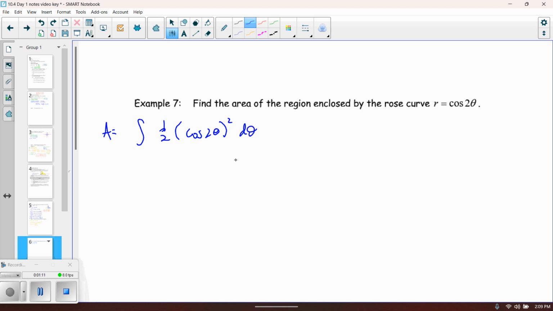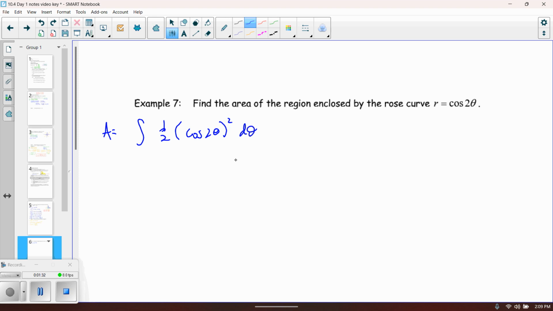If you remember how those worked, you had tangents at the pole at each of the pi fourths, 3 pi fourths, 5 pi fourths, 7 pi fourths, and so on. We could find the area of one petal very easily by going from negative pi fourths to pi fourths.